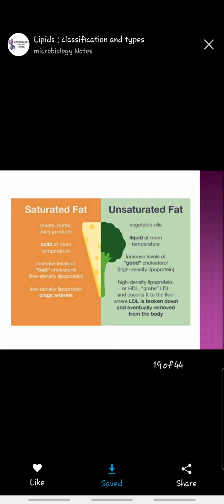In contrast, unsaturated fatty acid is composed of vegetable oils, liquid at room temperature, increases levels of good cholesterol, and high density lipoprotein escorts it to the liver where LDL is broken down and eventually removed from the body. When we say LDL, it is a low density lipoprotein. Okay, so that is basically the differences between saturated fat and unsaturated fat.